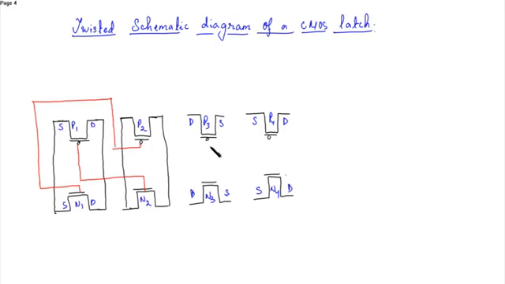So these two are the inverters. The gate of PMOS and NMOS in an inverter are connected. Similarly over here. Now the sources of PMOS for both the inverters are connected to VDD, and the sources of the NMOS are connected to ground.